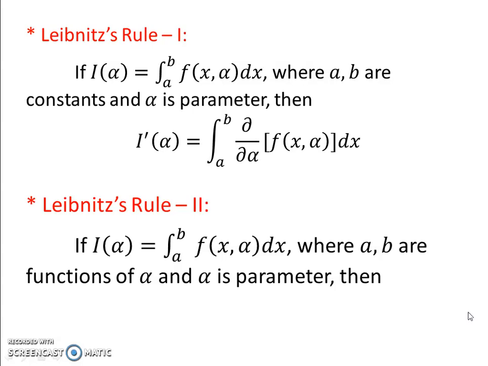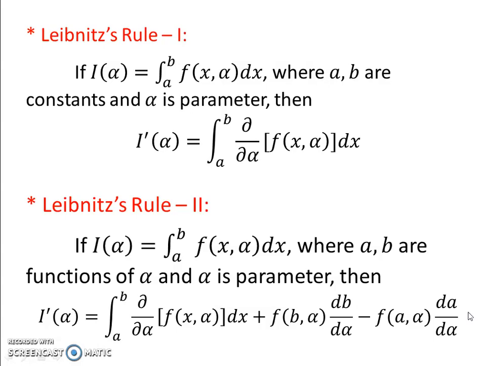Here, a and b are functions of alpha, and alpha is our parameter. Then, Leibniz rule number 2 says that I dash of alpha equals integration a to b, partial derivative with respect to alpha of f of x, alpha dx, plus f of b, alpha times db by d alpha, minus f of a, alpha times dA by d alpha.